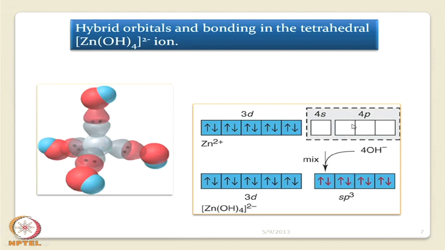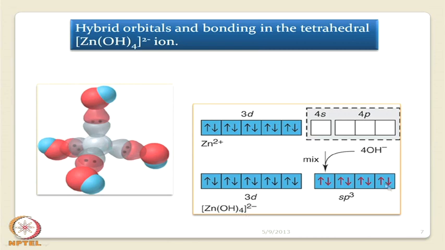These 4 orbitals will mix together, and after mixing we get the 4 hybridized orbitals which are labeled as sp3, and these 4 hybridized orbitals will next accommodate the 4 electron pairs which are coming from the OH groups. So these OH minus groups, basically the hydroxide ions, give each of them one lone pair of electrons to be accommodated in the vacant sp3 orbitals on the zinc center.